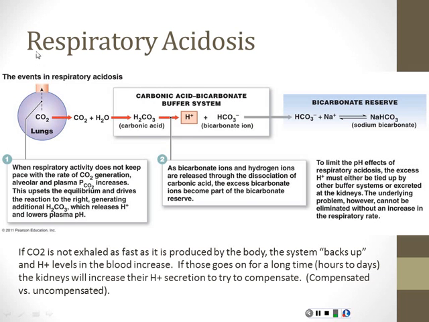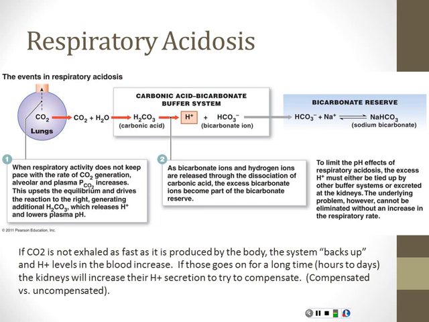All right. So in a respiratory acidosis, the problem is the lungs are not keeping up with the creation of CO2 by the cells. So in respiratory acidosis, our equation starts to back up.